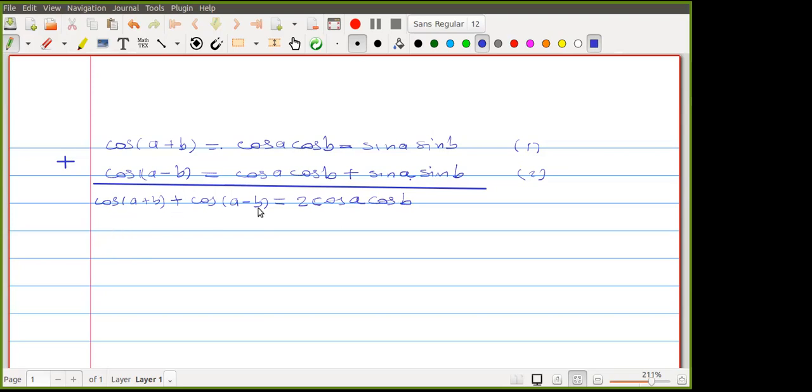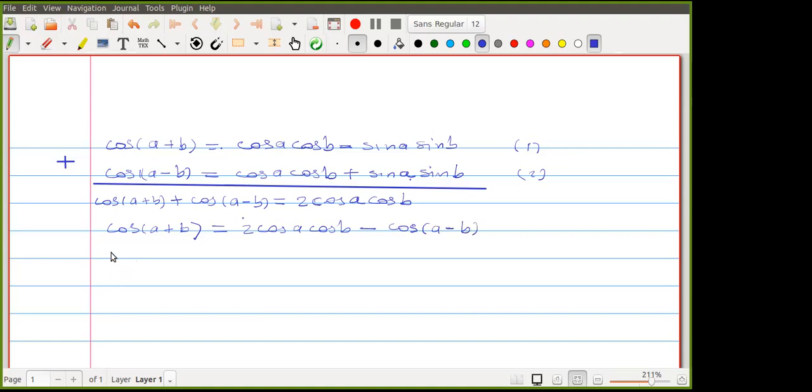Right. Now, if you use this expression and take this to the left-hand side, we have cosine A plus B is equal to 2 cosine A cosine B minus cosine A minus B. Right.